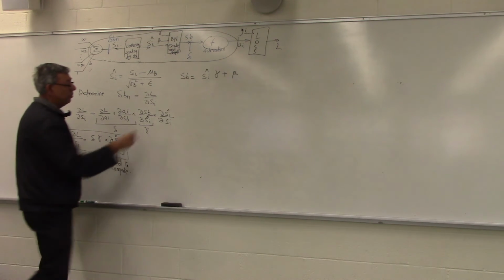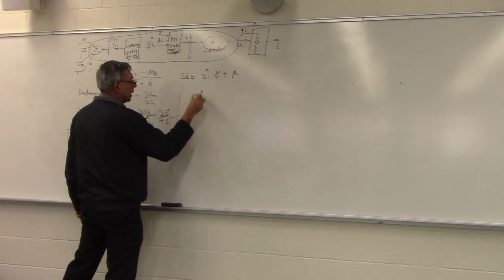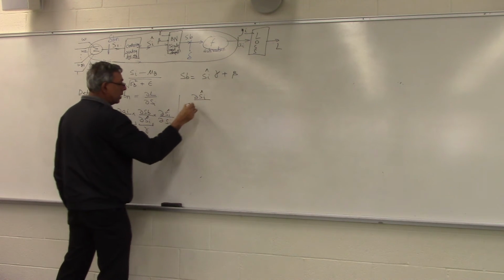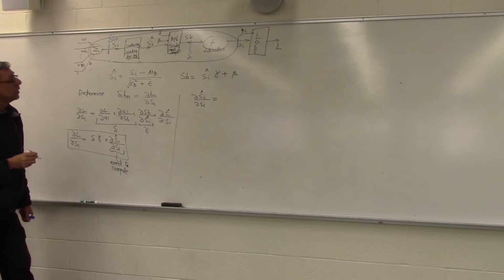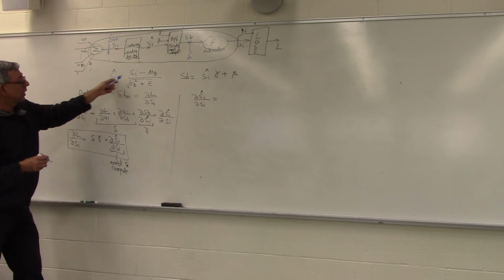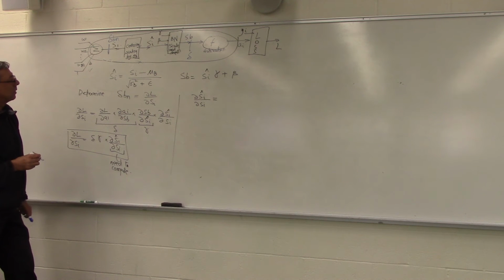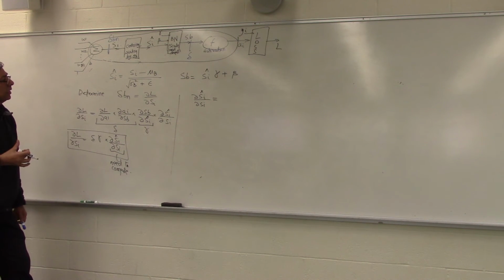Now partial SI hat over partial SI. We are taking a look at this equation over here and its derivative. But see, this is where it becomes tricky. If you simply take a look at this one, you'll say, oh, it's easy.